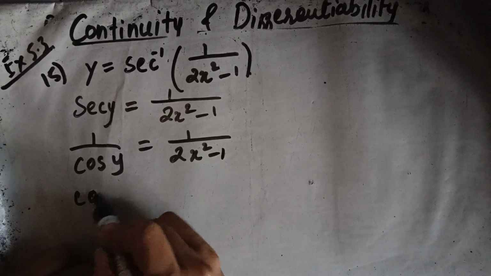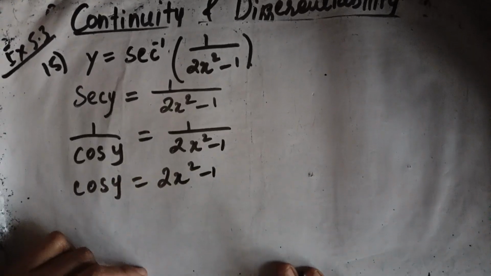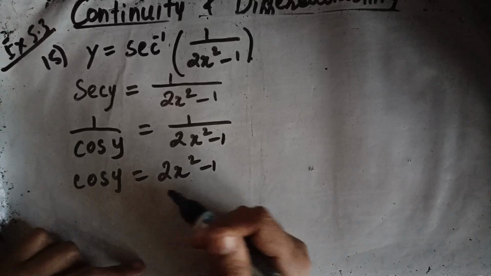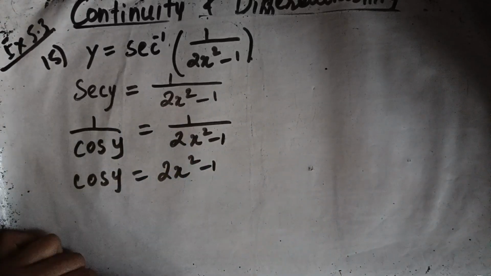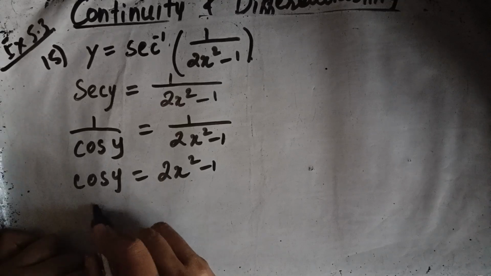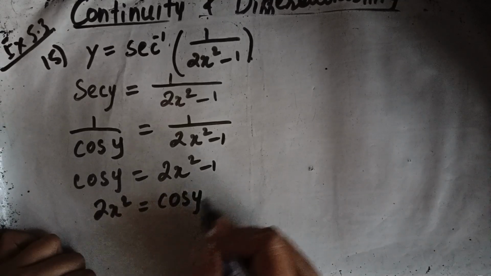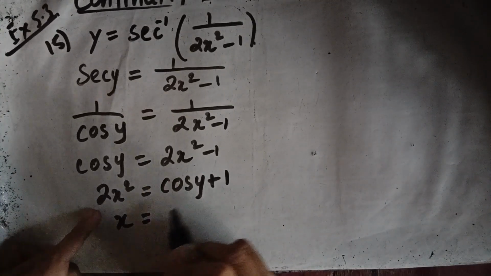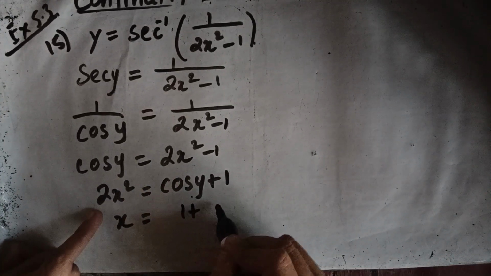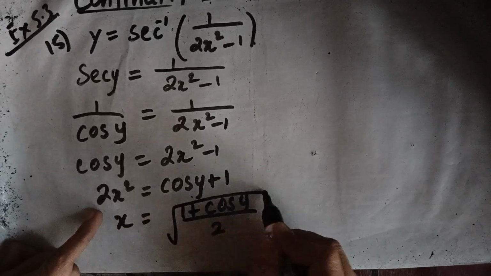So our cos y is 2x square minus 1. Okay. So if I write this in terms of x, what will it be? 2x square equal to cos y plus 1. Okay. So x, 2 comes in the denominator and whole root.